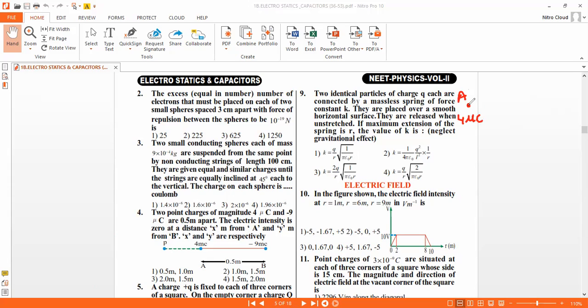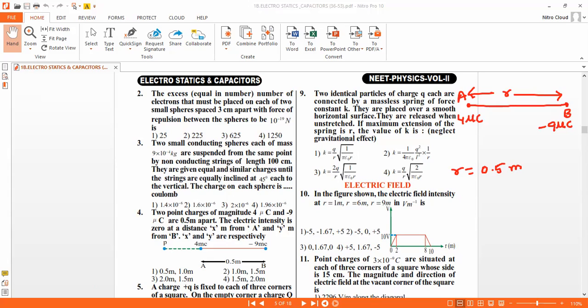This is the point B, where we have minus 9 microcoulomb. They are separated by a distance, which I am considering as R, given as 0.5 meter. The electric intensity is 0 at a distance.